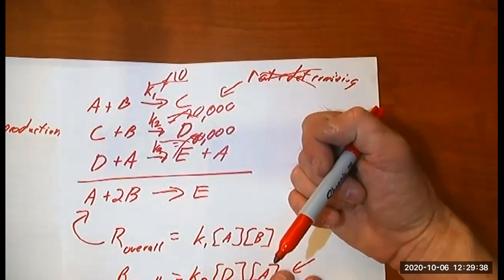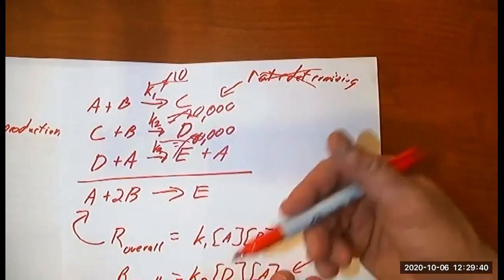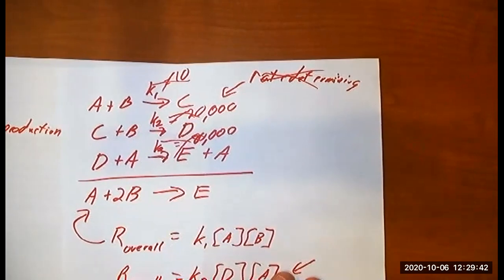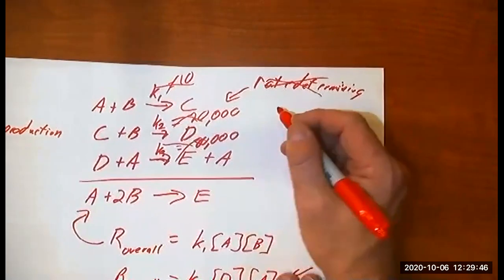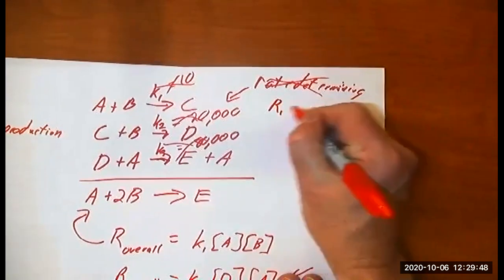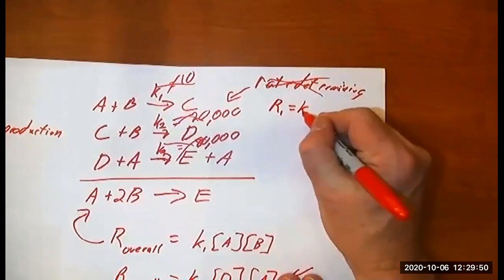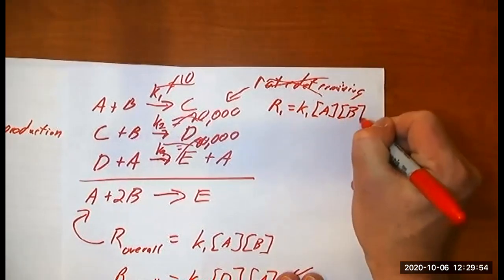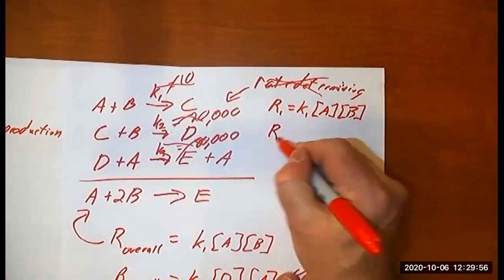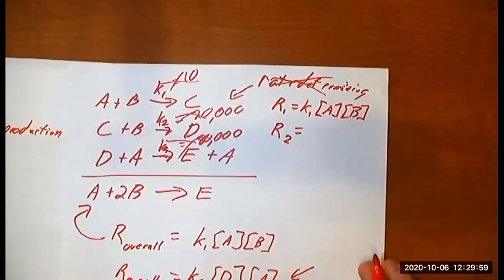And so you should be able to write down the rate of that reaction just from the stoichiometric coefficients. So in this case, the first reaction rate, R1, is going to be K1, concentration of A, concentration of B. So somebody tell me R2. What is reaction rate 2?